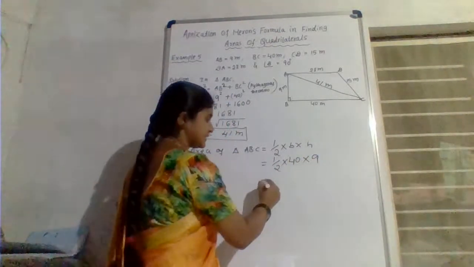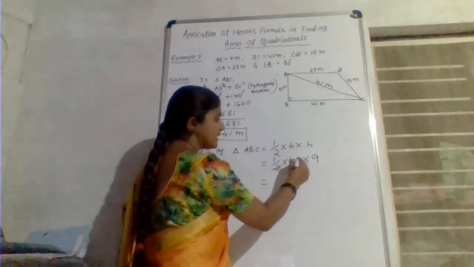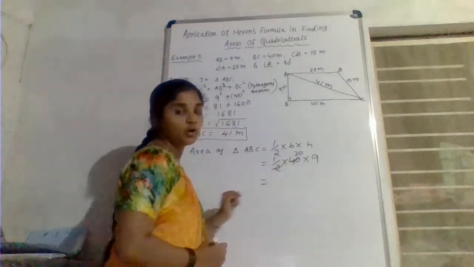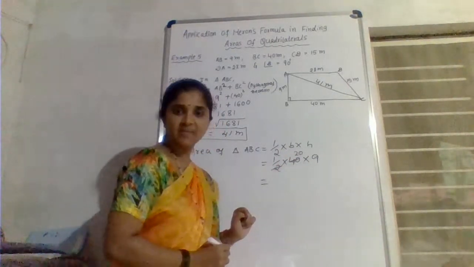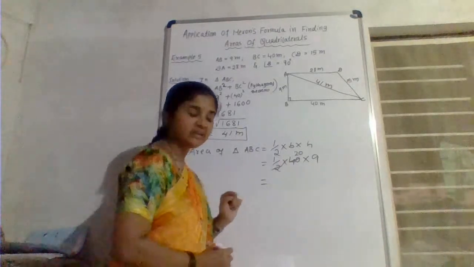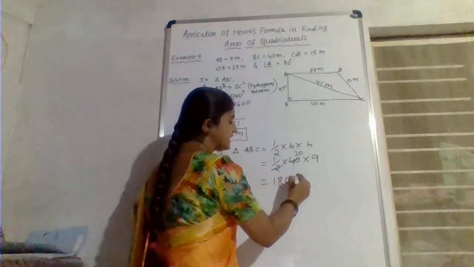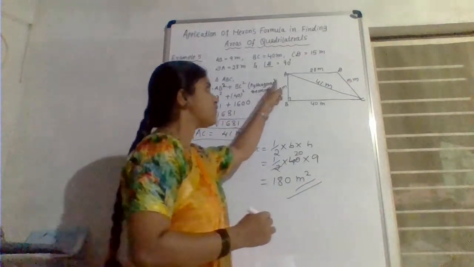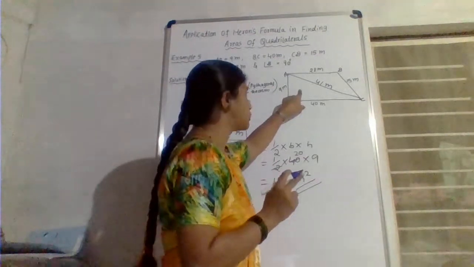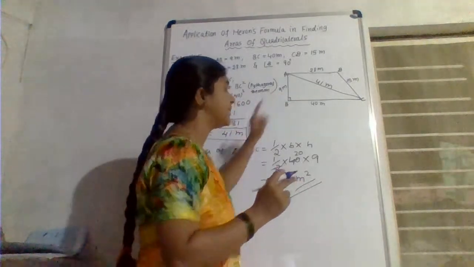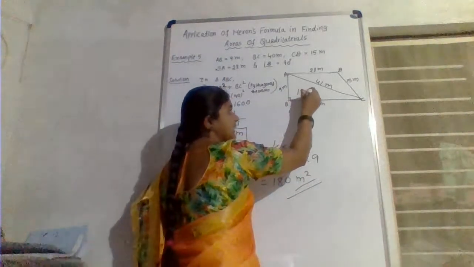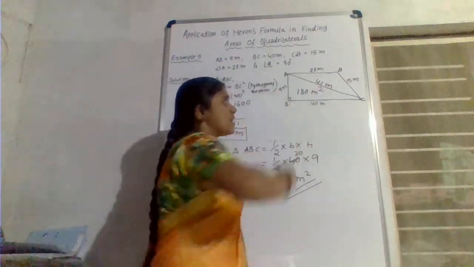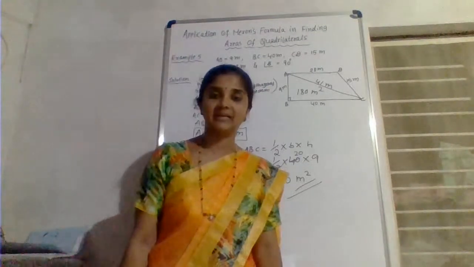Simplification: 2 ones are 2, 2 twenties are 40, so 20 into 9 remains. What is the product of 20 and 9? 180 meter square. So the area cleaned by the first group of students is 180 meter square.